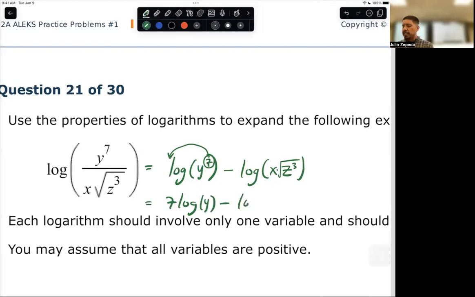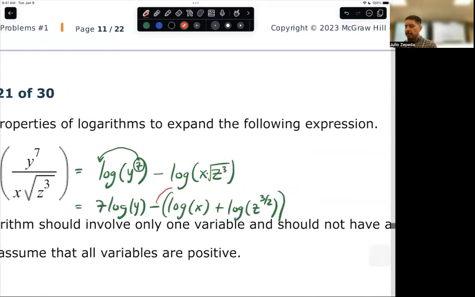So I can write this as minus log of x plus log of z to the 3/2, because the radical became a 1/2, and the 1/2 times a 3 becomes 3/2.